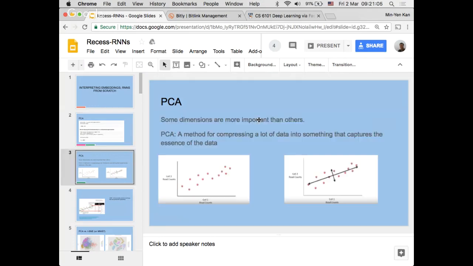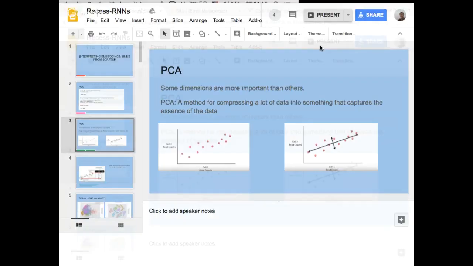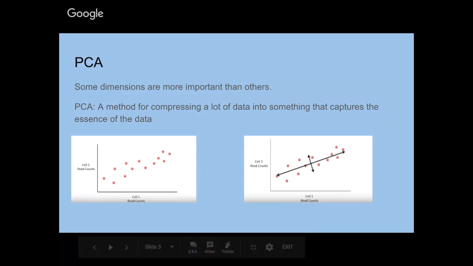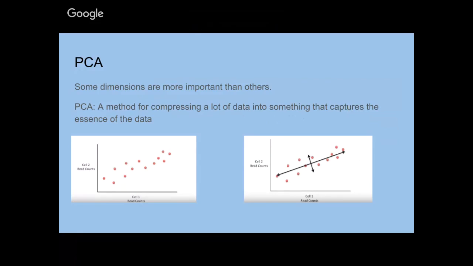What PCA exactly does is it identifies patterns in data which show that some dimensions are more important than others. In this case, this is a toy example from biology in which cell 1 counts and cell 2 counts are correlated.